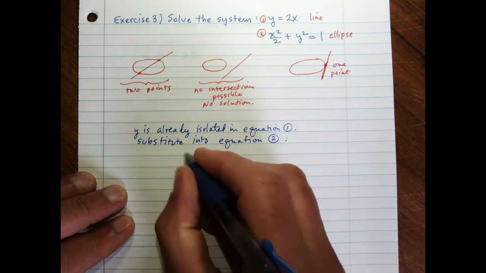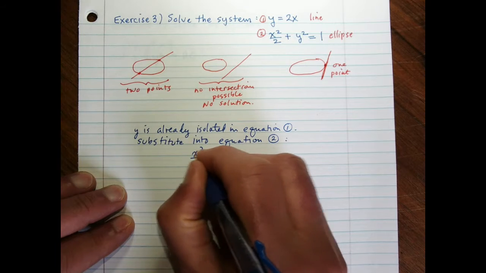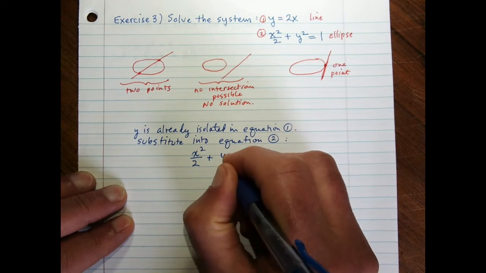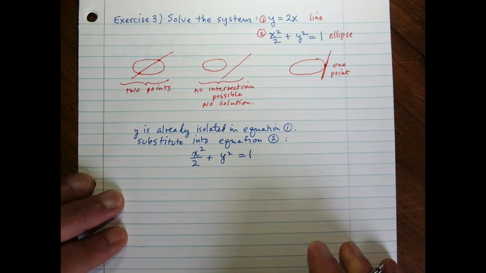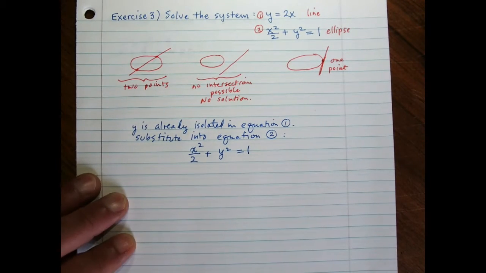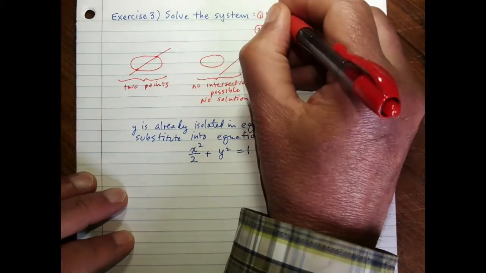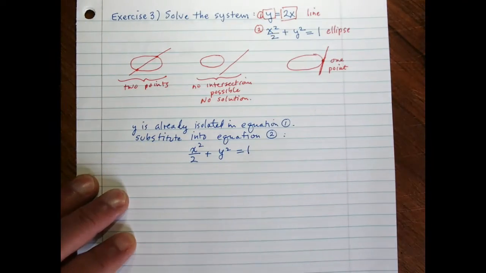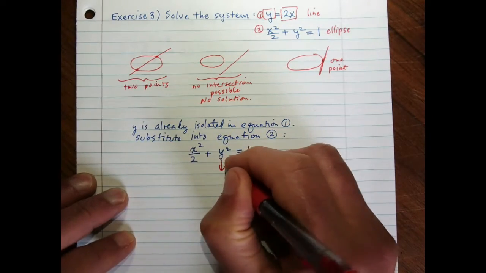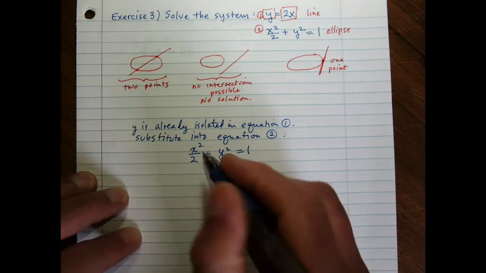Let's go ahead and do that. I'll take equation 2, x squared over 2 plus y squared equals 1. And I'm going to replace y with 2x. So it's the y that's going to get replaced in this substitution.